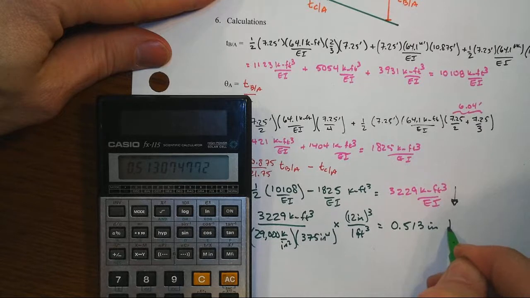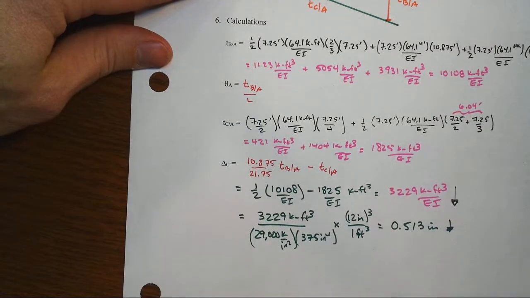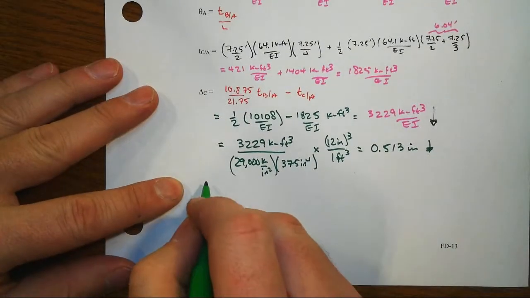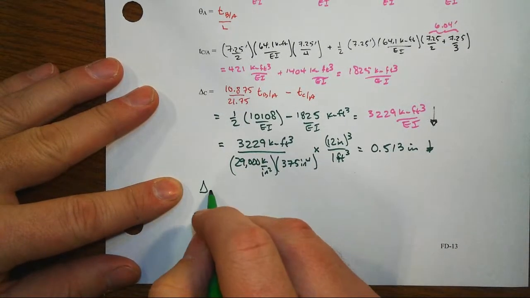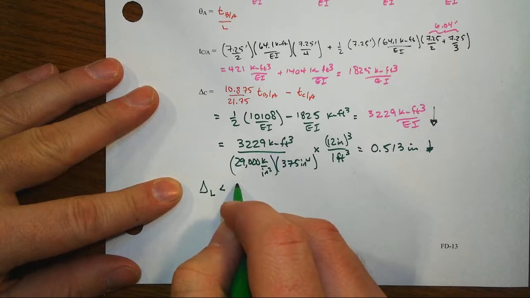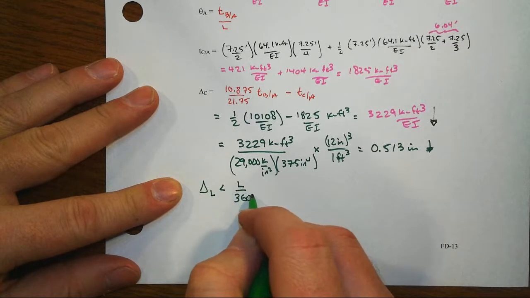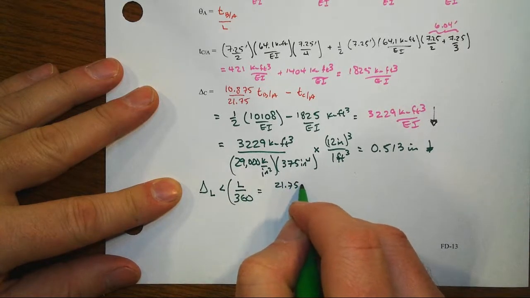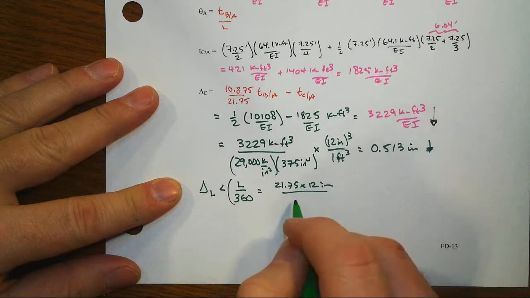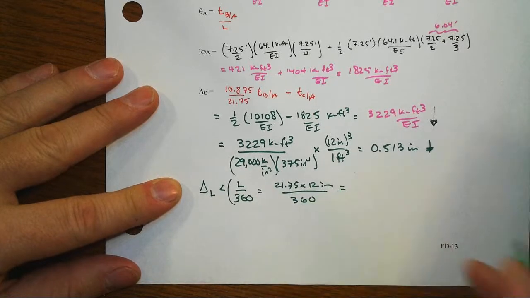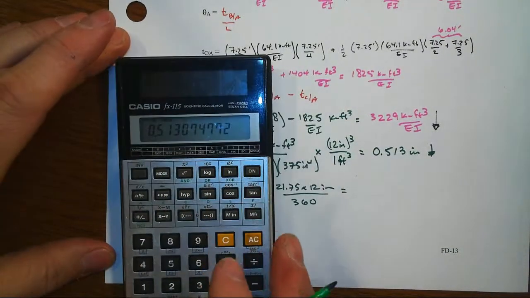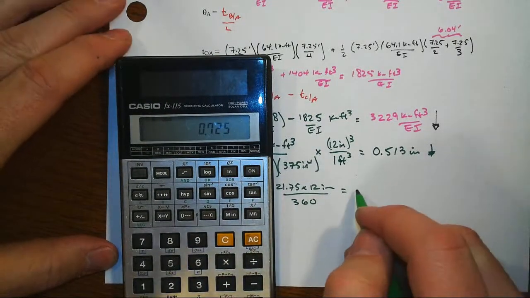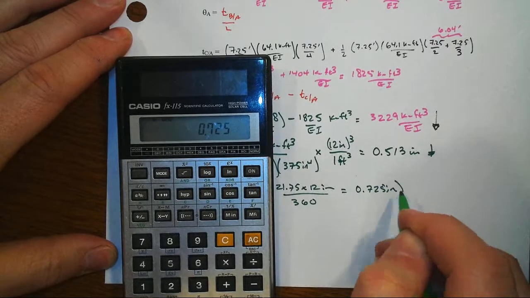We get 0.513 inches acting downwards. Now the last thing we ought to do is compare whether that's acceptable or not. The acceptable limit was that delta from the live load should be less than the span length divided by 360, and that was 21.75 feet times 12 inches over 360, which is 0.725 inches.